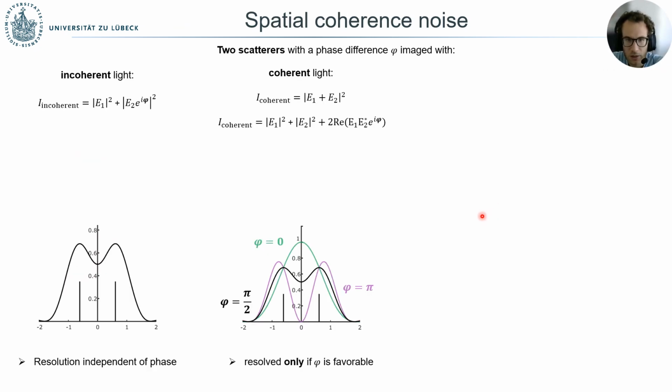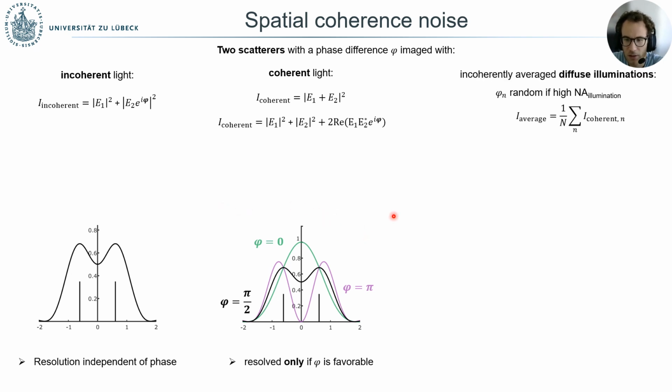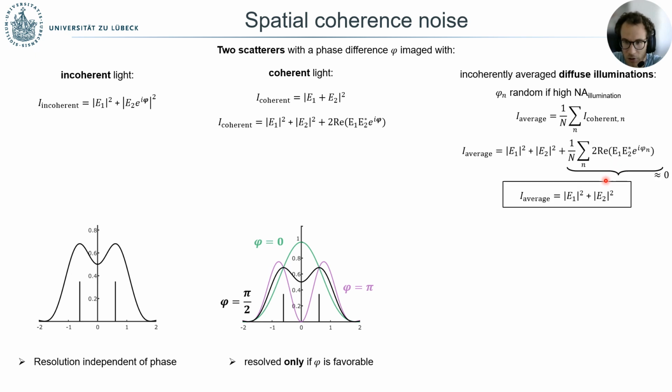The other thing that we studied was spatial coherence noise. So then, as said in the introduction, we have this problem of having 2 diffusers side by side at Rayleigh's distance, and then with coherent light, it's not systematically resolved, depending on the phase. And what we have with this diffuse illumination is that we are making a coherent detection, but we are incoherently averaging different coherent detections.